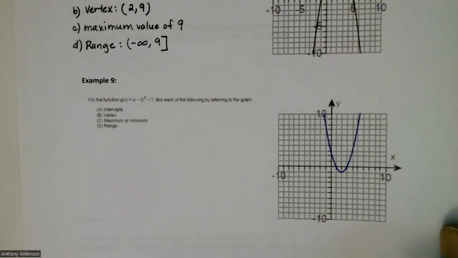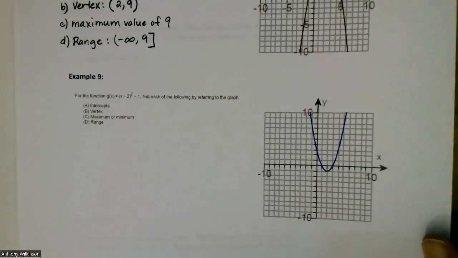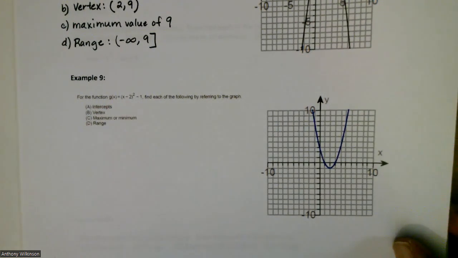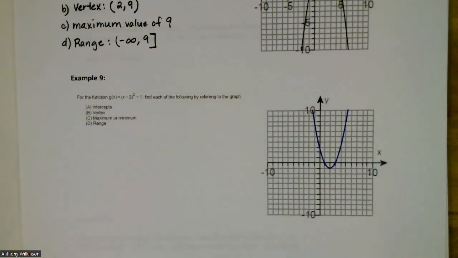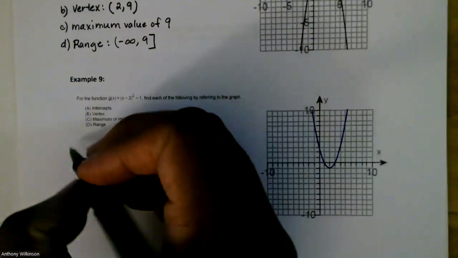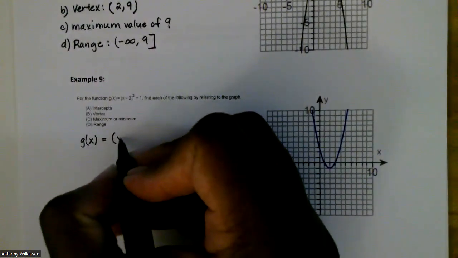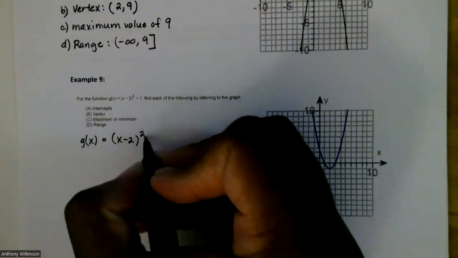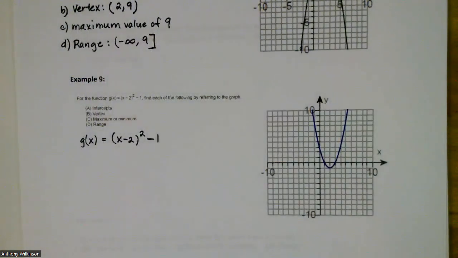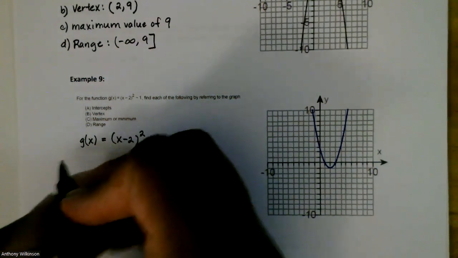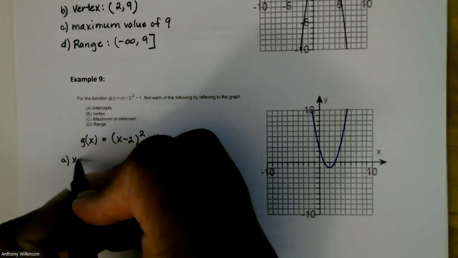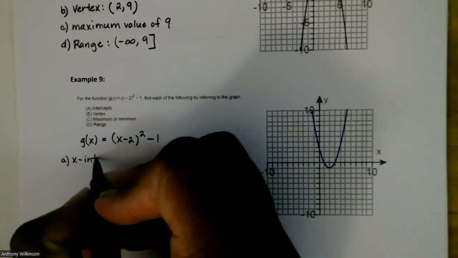All right, here's another example where we're going to be finding the intercepts, the vertex, the maximum and the minimum, and the range for this graph. If they give you the function g of x is equal to, and I might as well write this out, g of x is equal to (x minus 2) quantity squared minus 1. So here I want to find the intercepts, starting with the x-intercepts.